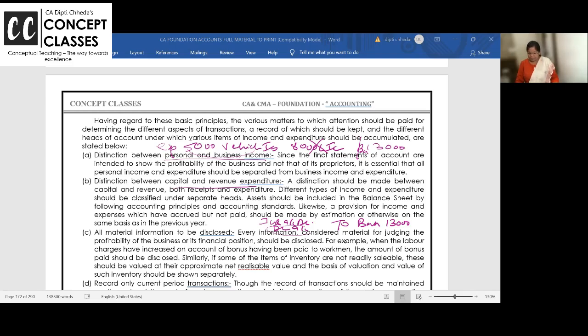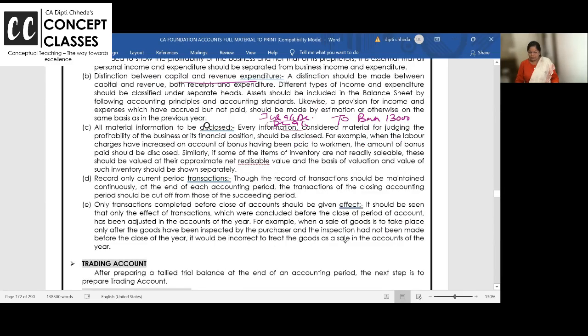Then all material information is to be disclosed. That's also very necessary. Like closing stock cost is 10,000, NRV is 8,000. Though you take cost or NRV, whichever is lower, NRV, but still you write, no?